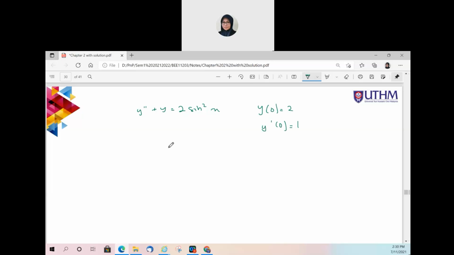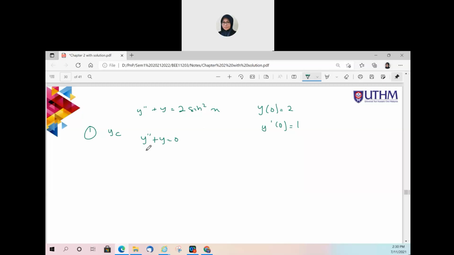So first step, you have to find YC. YC is from the homogeneous equation, y double prime plus y equals 0. This is your non-homogeneous equation, so you have to make it homogeneous.